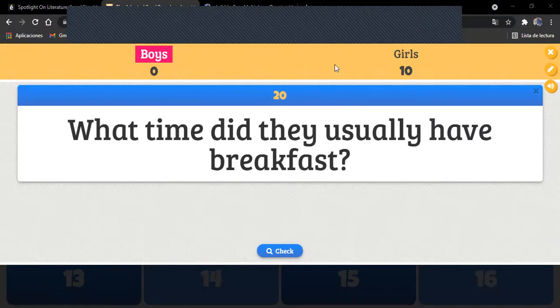Remember that they have a very particular diet. Sort of uncommon, atypical. 10 seconds. 8, 7, 6, 5, 4, 3, 2.